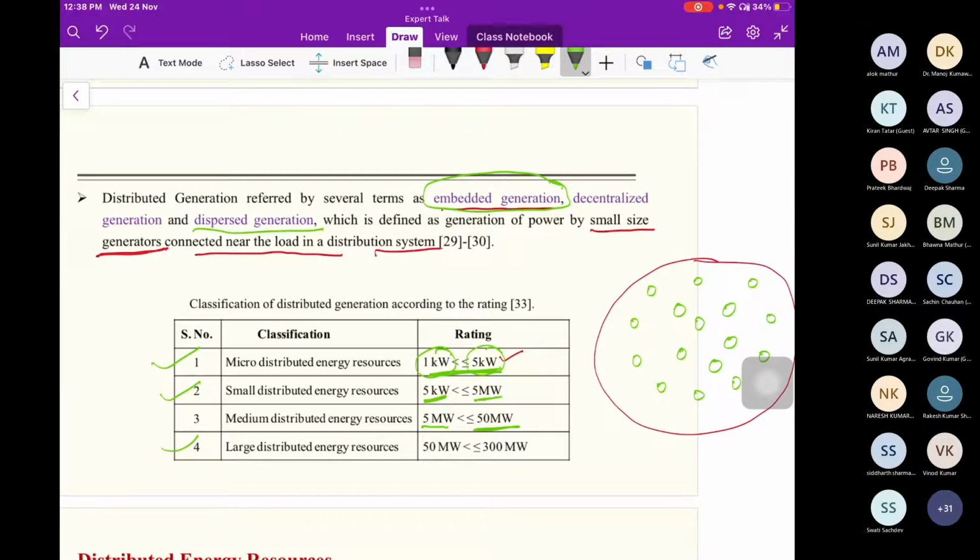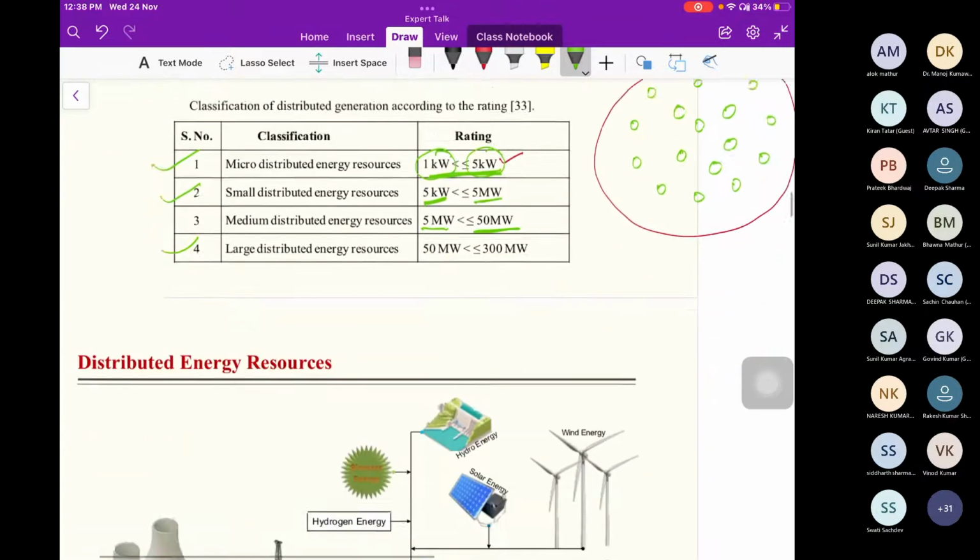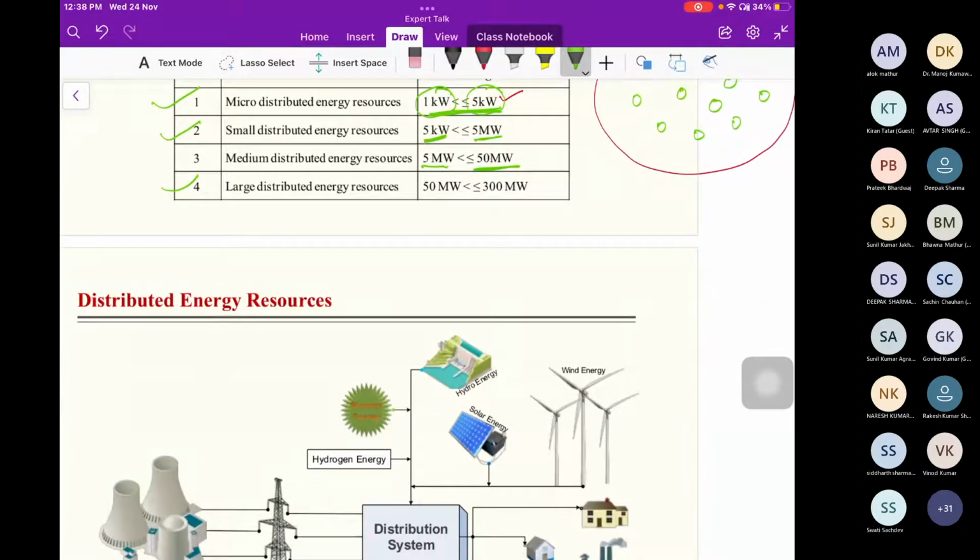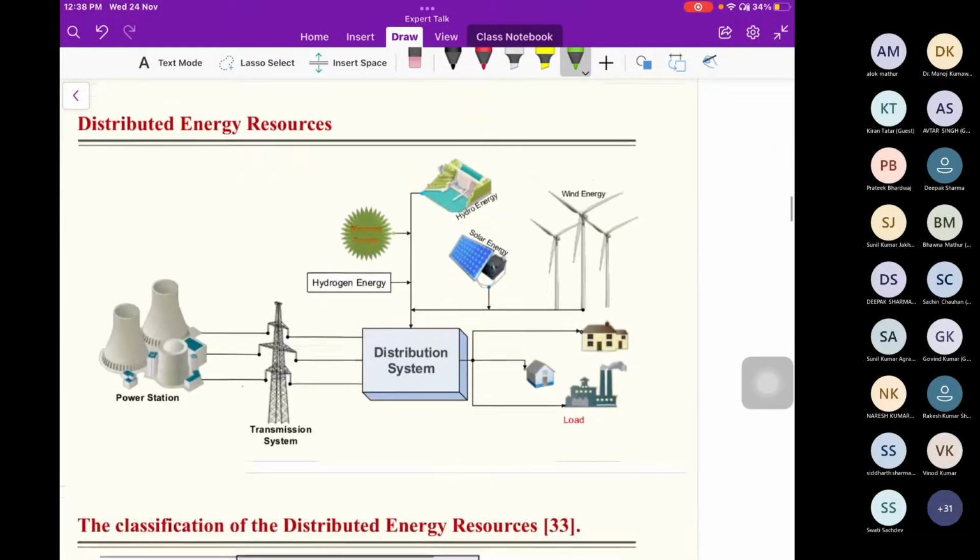But nowadays the government is motivating private entities to establish these units in Rajasthan. Say Jaisalmer and Sambhar, where some solar units are being installed, above 5 megawatts, 50 megawatts, sorry.